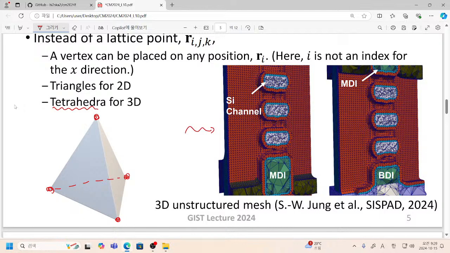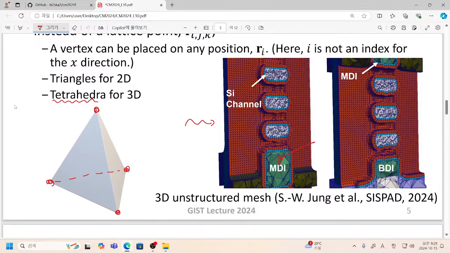So now we are looking at only one surface. For example, here you can see a certain triangle, but a tetrahedron is hidden behind it. So you can see that a three-dimensional structure can be decomposed into small tetrahedra.